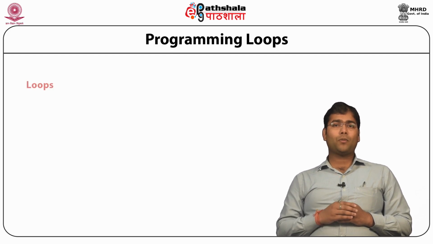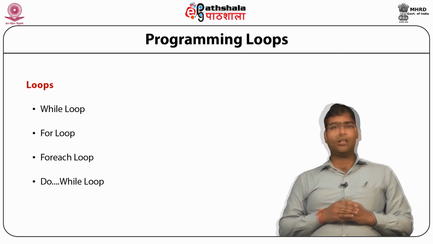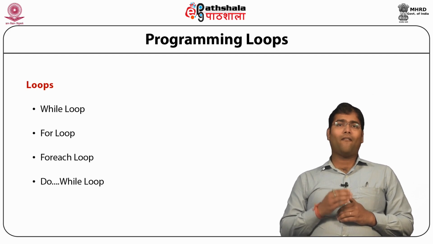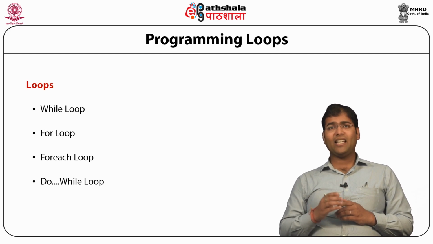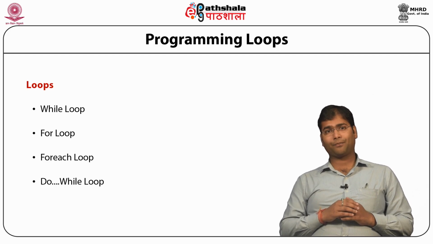Some of the programming loops are while loop, foreach loop, etc. While loop. A while loop repeats a statement while a given condition is true. It tests the condition before executing the loop body.